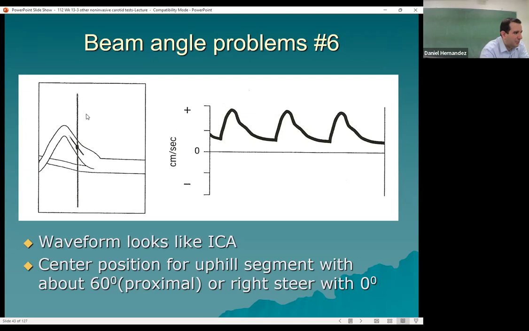If I wanted to take more of an angle to the left, I can have my ultrasound beam coming this way, Doppler that segment, or we could take a more right approach, an angle more that way. We want to avoid those curves again. You can have a center position with 60 degrees, or you could steer right with the 0 degree.